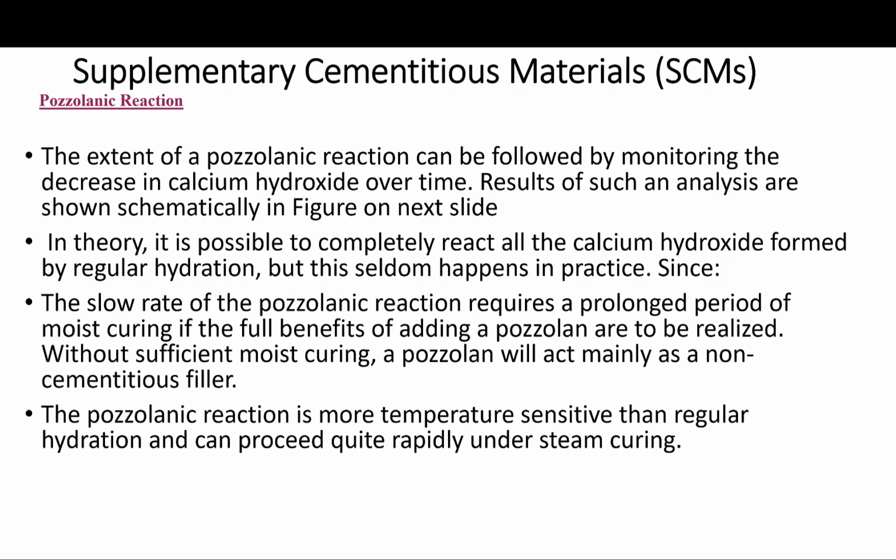At the minimum, you will have a class F fly ash, maybe microsilica in some high performing concrete. But remember, moist curing is essential in this case to realize the full benefit of these pozzolans. Also, the pozzolanic reaction is more temperature sensitive than the regular hydration and can proceed quite rapidly under steam curing. So that's something also to remember if you are dealing with precast elements where the concrete elements are being steam cured.